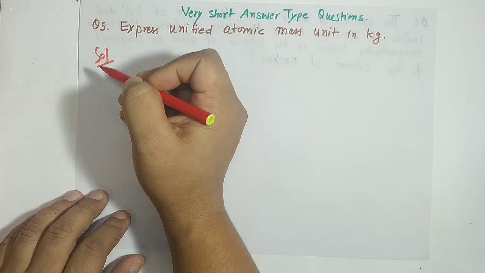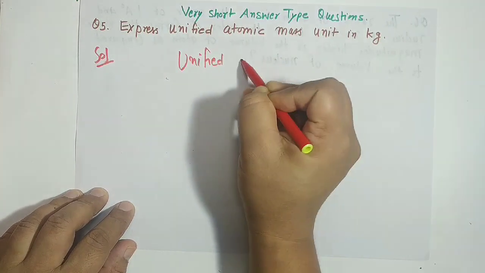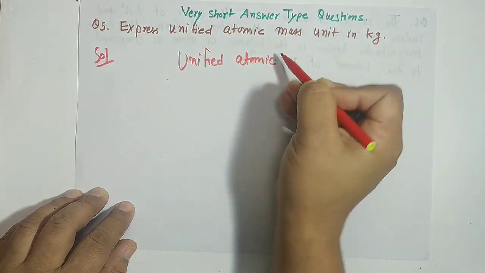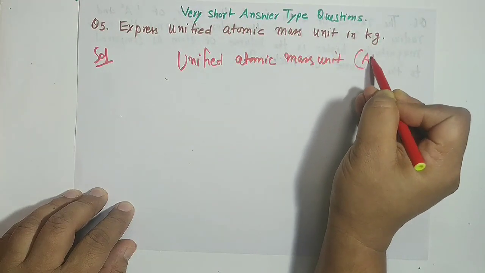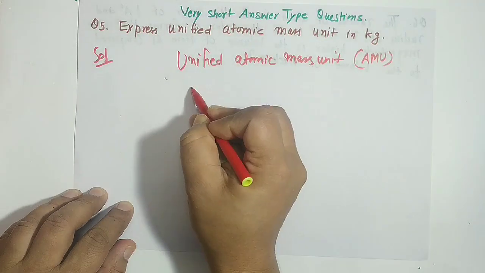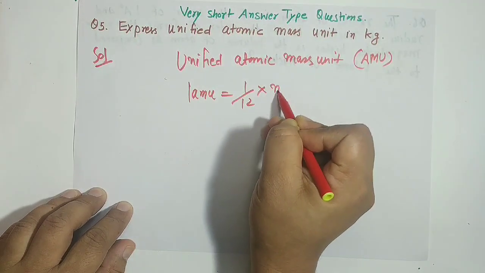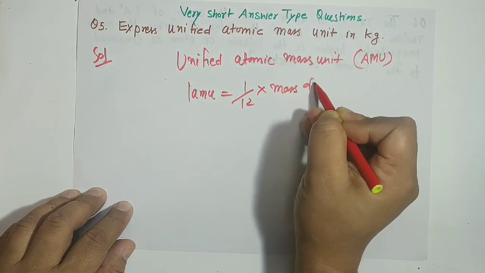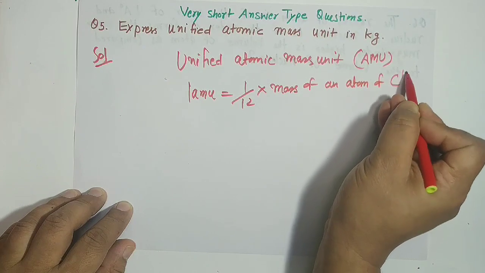So unified atomic mass unit. I think all of you know AMU. So 1 AMU is always 1 by 12 of the mass of an atom of C12. It is compared with the C12, carbon 12.